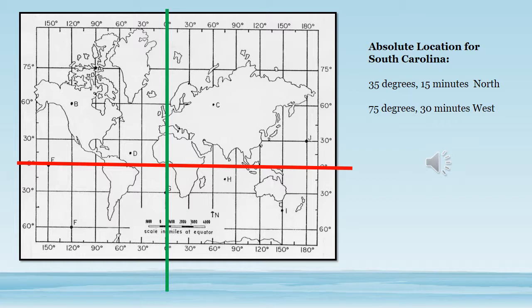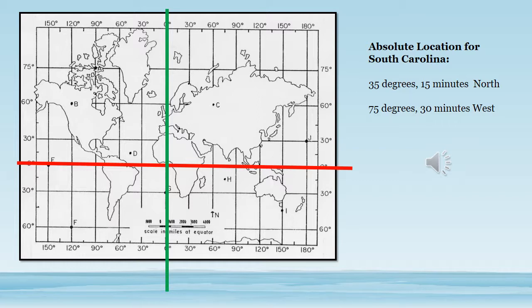That's that green line right here. Remember, I highlighted the prime meridian line in green. That represents my longitude line. But my longitude measures west of the prime meridian or east of the prime meridian. Well, South Carolina is west of this prime meridian.